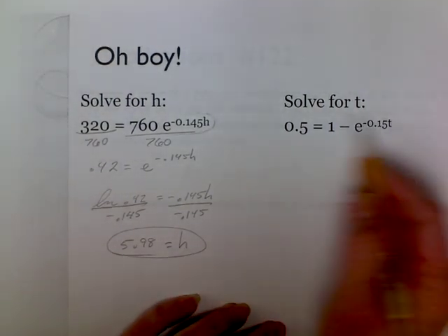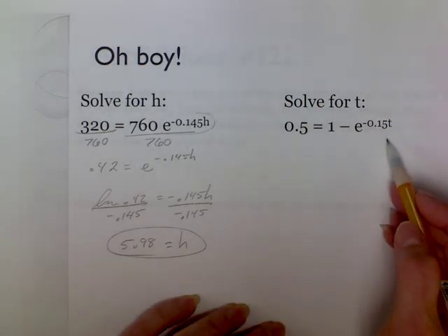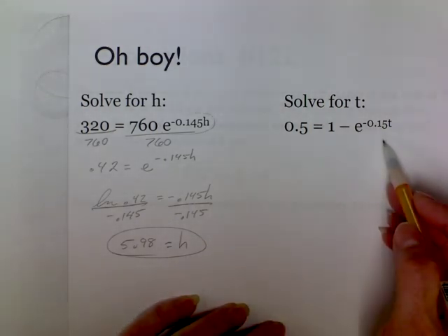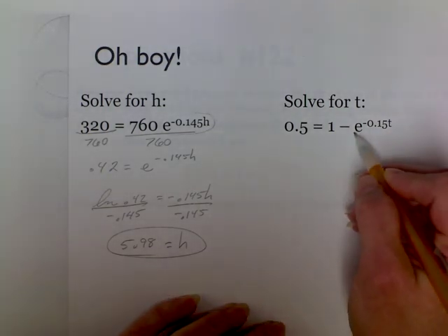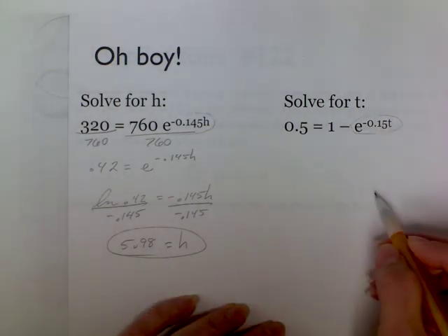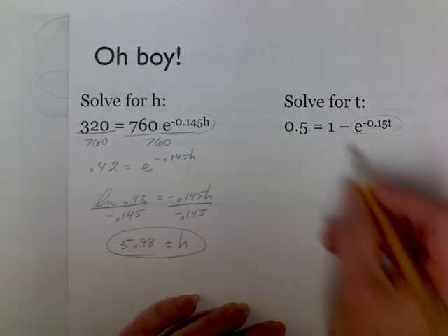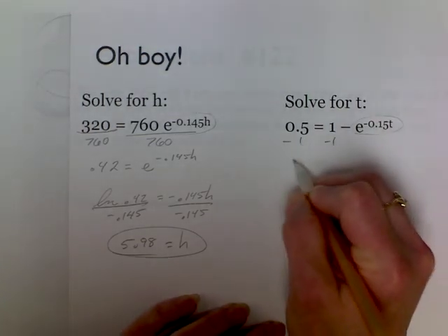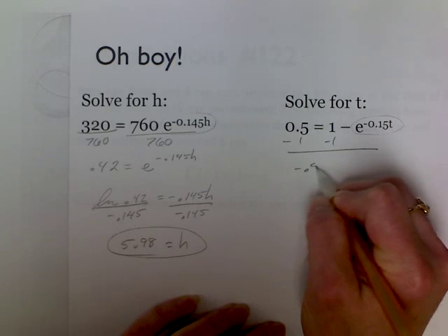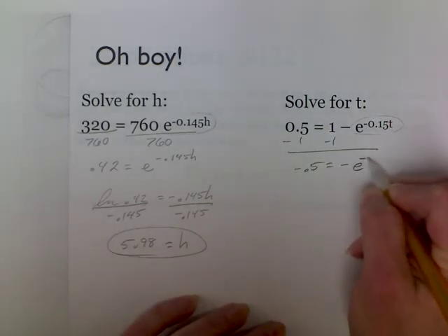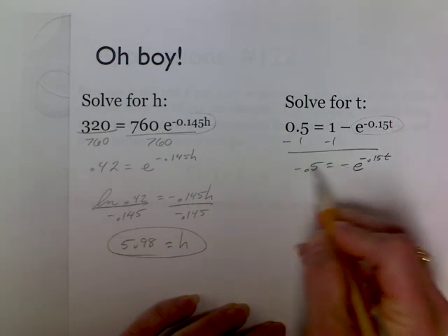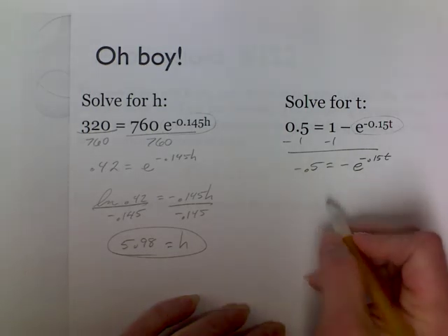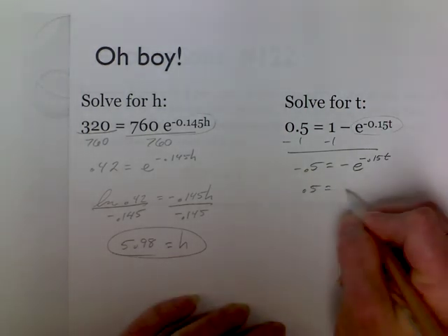We're going to do that again here, solving for t. Again, this came from a word problem, so we are going to use our calculator and get a decimal. I need to get the e portion by itself, so we're going to get rid of the 1. So I have negative 0.5, negative e to the negative 0.15t. I want to divide both sides by a negative, and so what happens is they just both become positive.